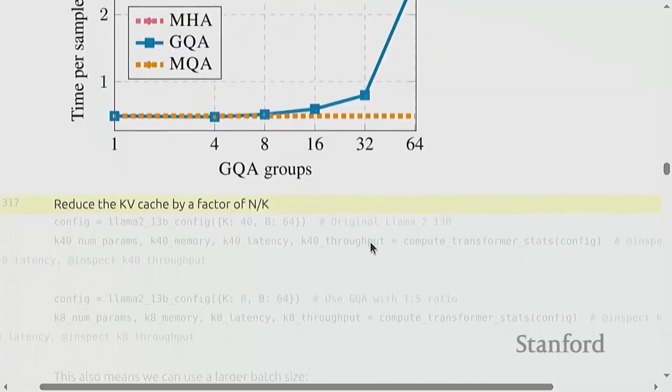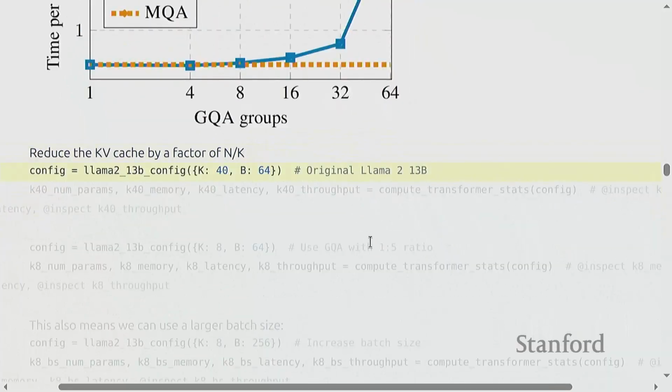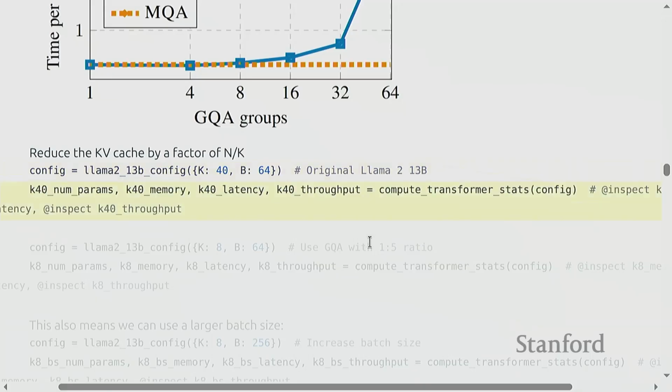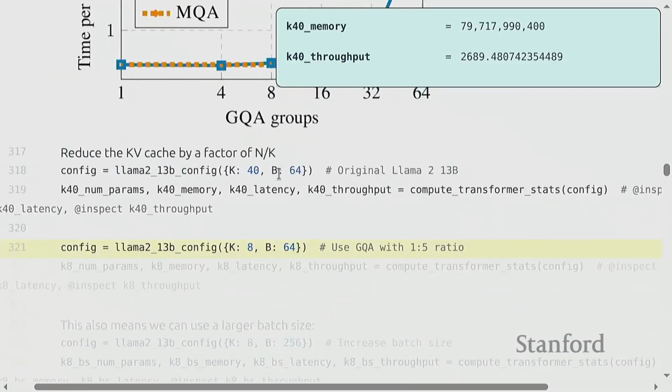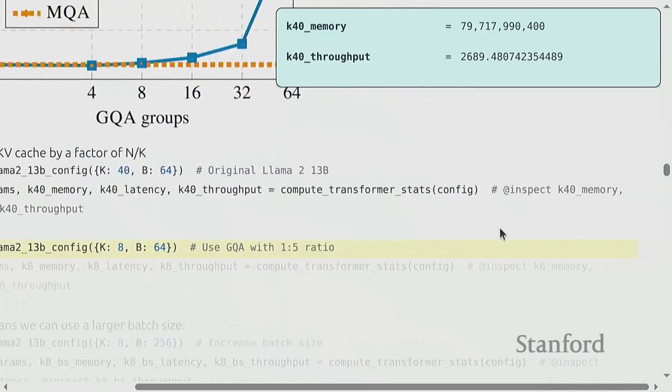And just to do this more rigorously, we have our Llama 2 13B model, and we compute the statistics, using a batch size of 64. Remember, this is what we got. I guess I should have printed out latency here.